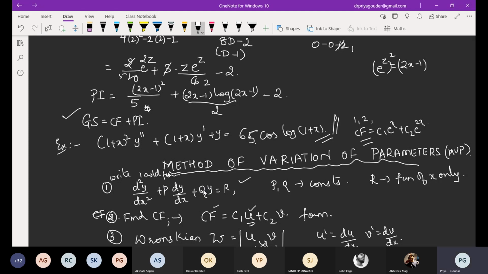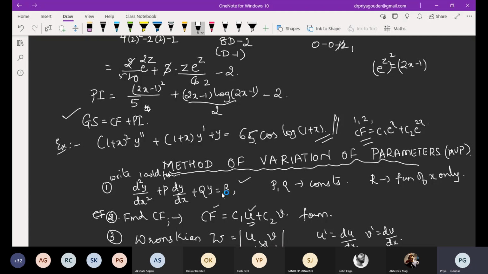Which order differential equation is this? What is the order? Second order.